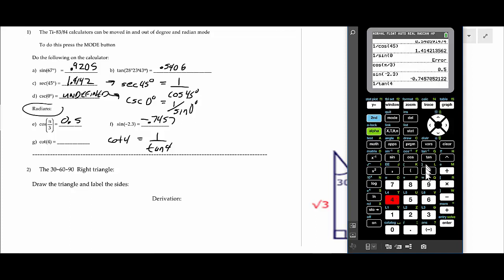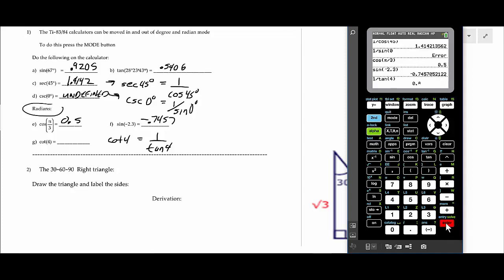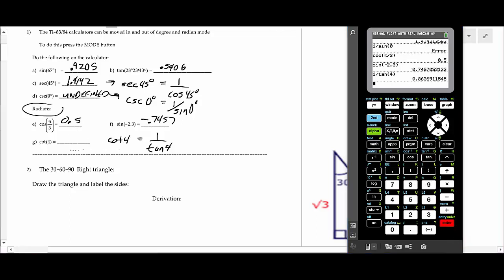And then I can round the answer off like that. Usually the calculator doesn't mind if you don't put in that right parenthesis. So that's 0.8637, like that. Okay? All right, everybody got that okay? That's pretty simple. You're going to do this in this section because we're going to start doing application problems with triangles and stuff, and you're going to have to use your calculator. So you got to know how to do that.